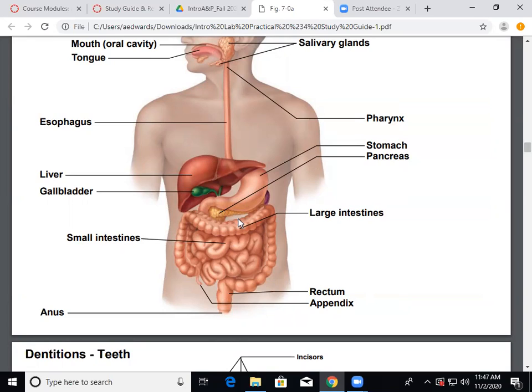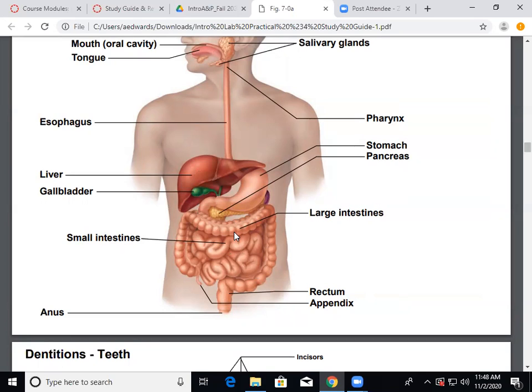It is also an endocrine organ because it secretes hormones like insulin. Then you also have the liver, which is considered a digestive organ, helps to break down things, and detoxifies blood. You also have the gallbladder. Bile typically is produced in the liver and stored in the gallbladder, and it can be released through your bile ducts into your digestive system to help you break down fats and other things.